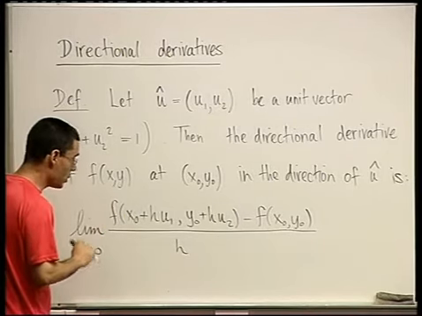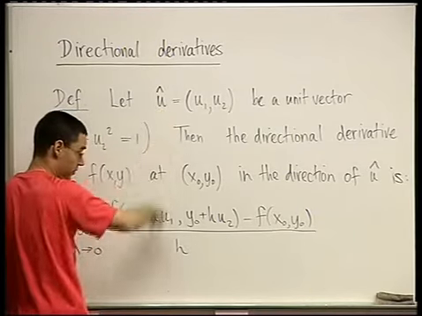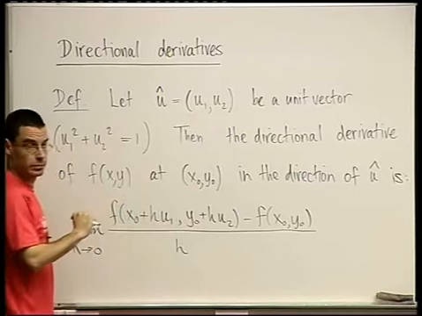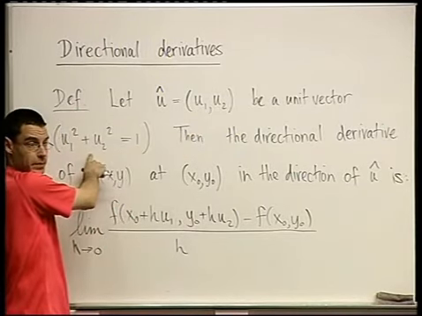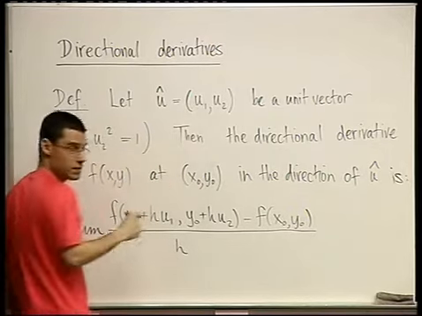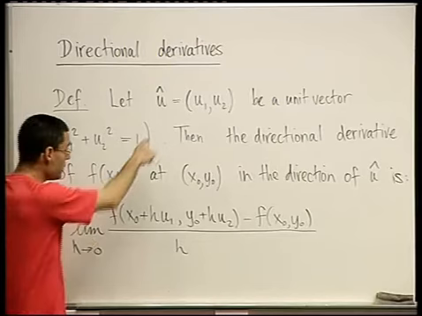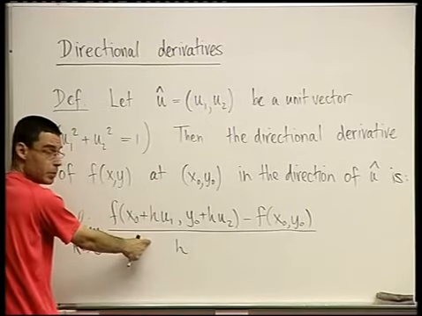So the first thing you should notice is that if you take u, I'm going to write that, but I want to first show it. If you take u to be (1, 0), do you agree that (1, 0) is a unit vector, right? And (1, 0) is precisely the x direction. Do you agree? Okay? So if you take u to be (1, 0) and plug it into here, what do we get?